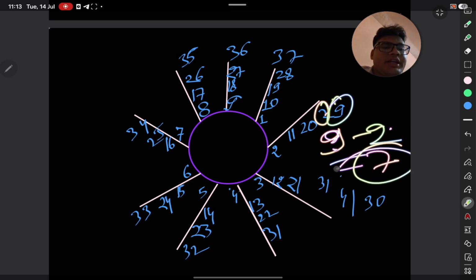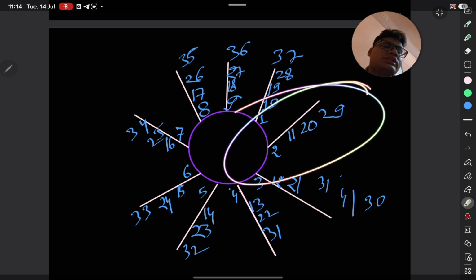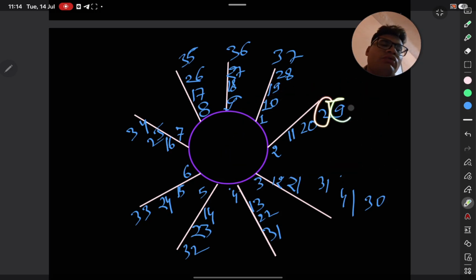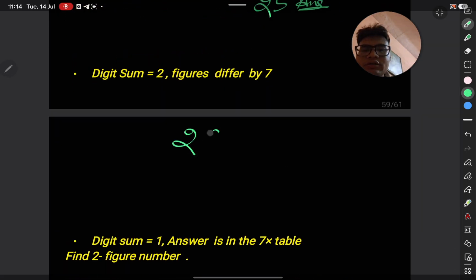So the second condition is satisfied here, and the first condition is already satisfied on this branch. The correct answer will be 29, because it has digit sum 2 and the figures 2 and 9 differ by 7. So we write 29 as the correct answer.